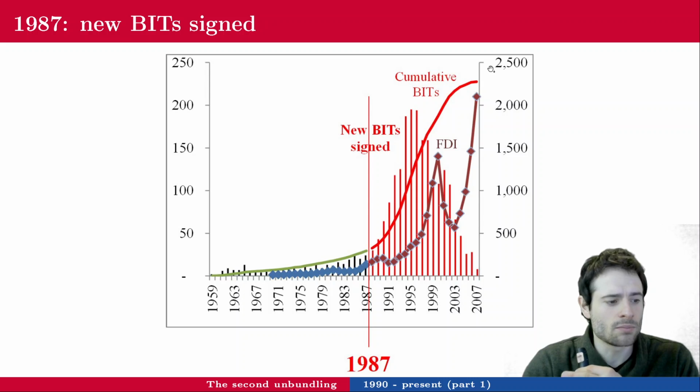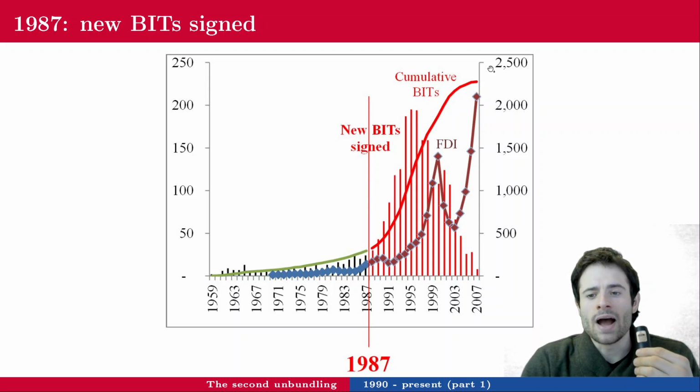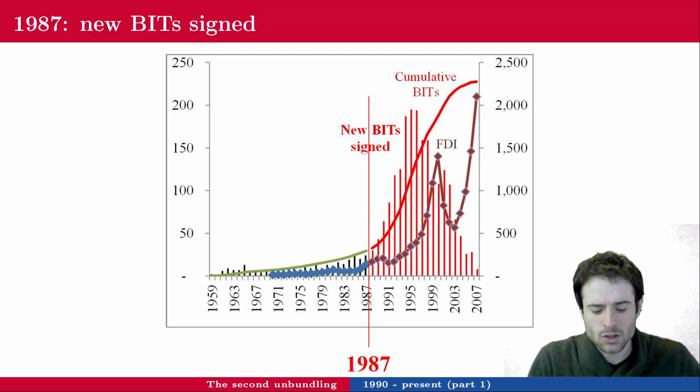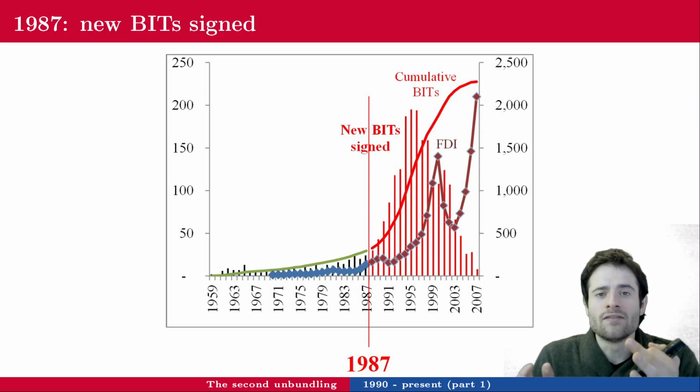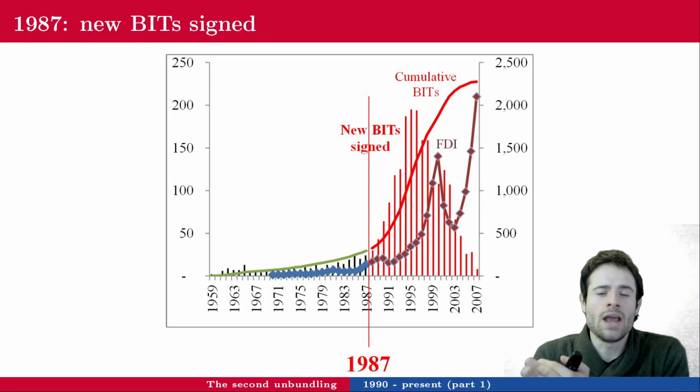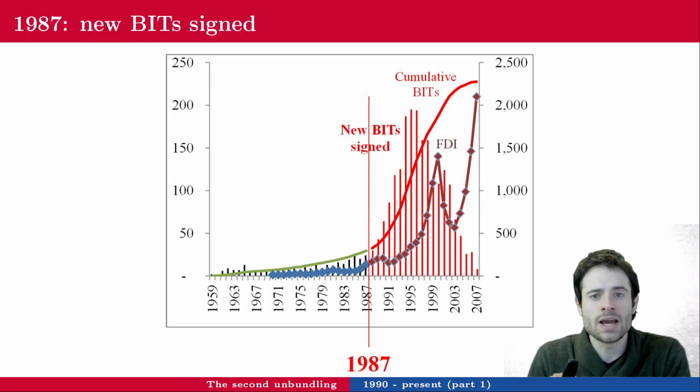So basically firms who knew that they would be protected when they transfer their know-how to the south, where labor would be cheaper, knew they could invest in those countries with a lower risk. Remember, FDI, foreign direct investments.